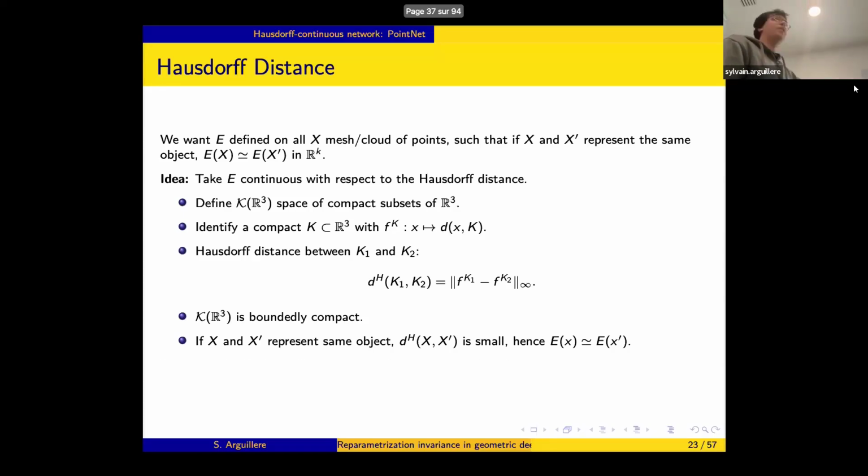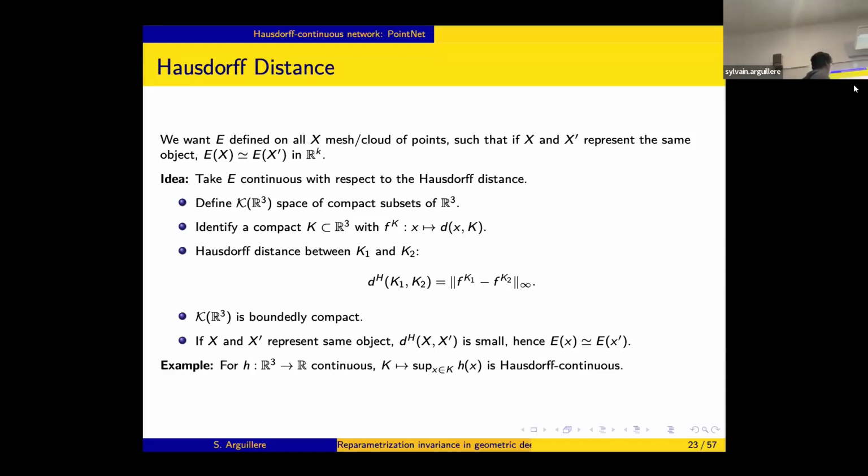The problem is, okay, what kind of functions are continuous with respect to the Hausdorff topology? It looks a bit abstract, right? But actually, we have a basic example. You just take a continuous real valued function on R3, and then to any compact set, you associate the supremum of this function on the compact.